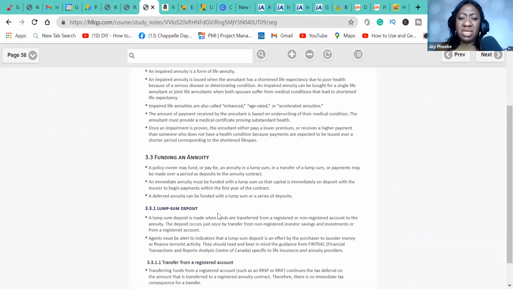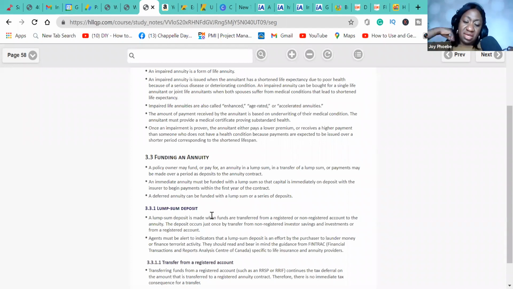An immediate annuity must be funded with a lump sum so that capital is immediately available and the annuitant can start receiving payment. However, a deferred annuity can be funded with a lump sum amount or be funded over a specified period of time until the annuitant payment kicks in.